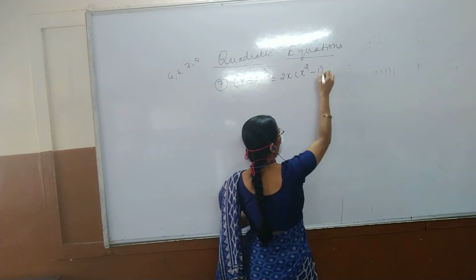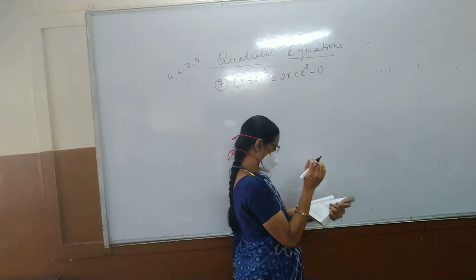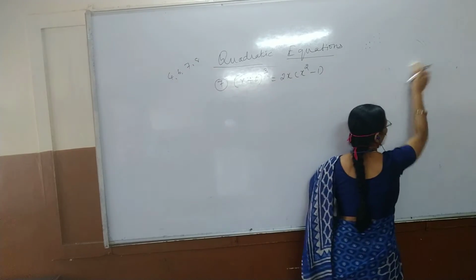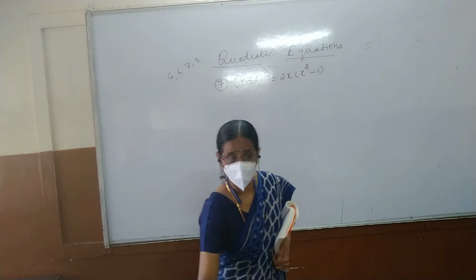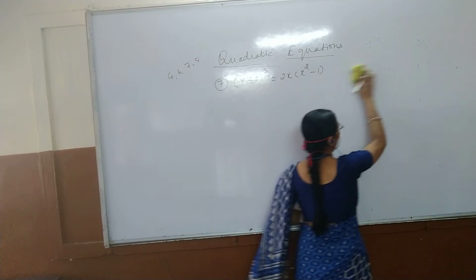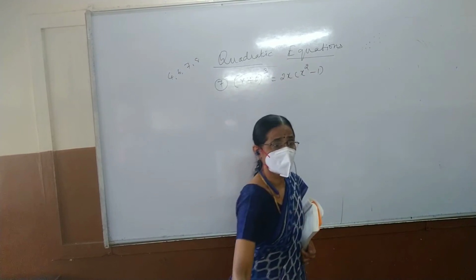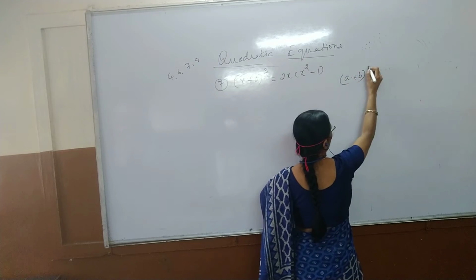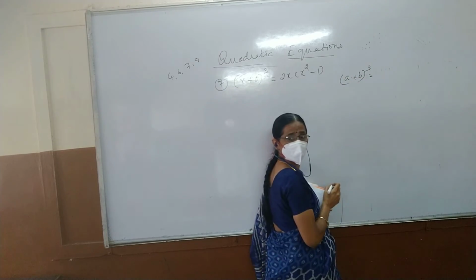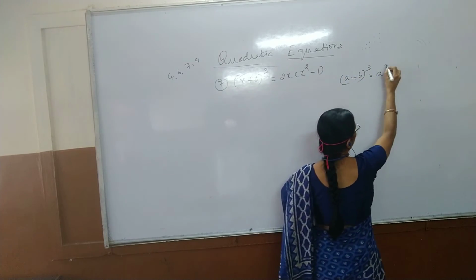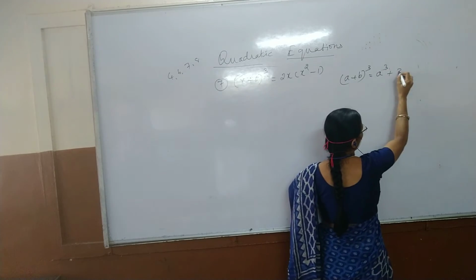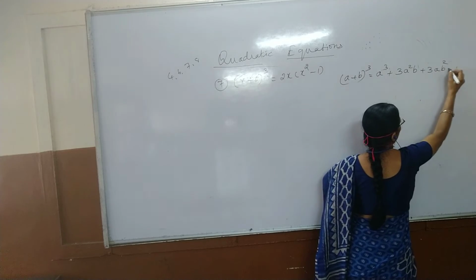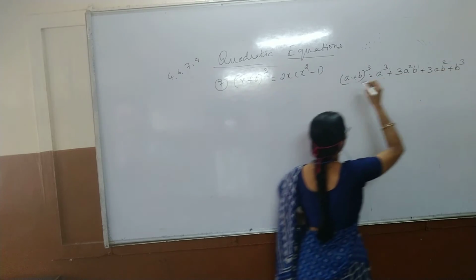But we have studied the cubic formula last year also. Does anyone remember a plus b the whole cube? I write it on the board. a plus b the whole cube is a cube plus 3a square b plus 3ab square plus b cube.